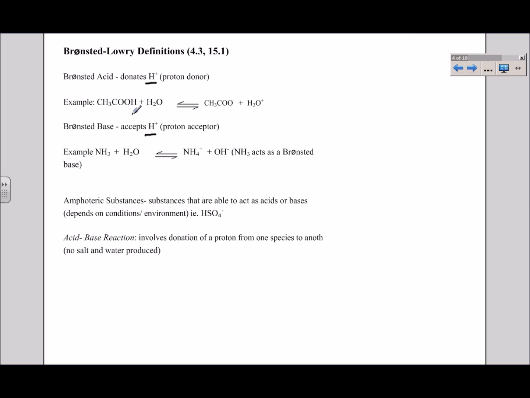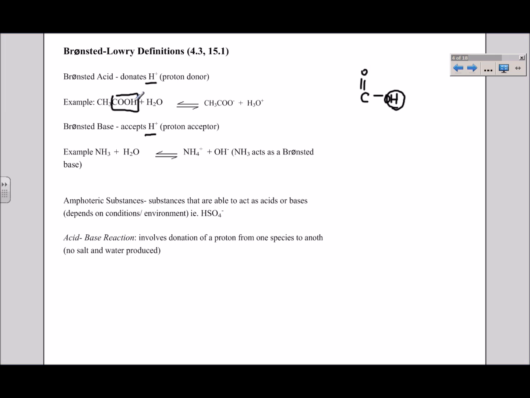This is acetic acid or vinegar. And this functional group might look familiar to you from our studies in organic chemistry. This is the carboxyl group, and it is the functional group for a carboxylic acid. Carboxylic acids have a proton available for donation.